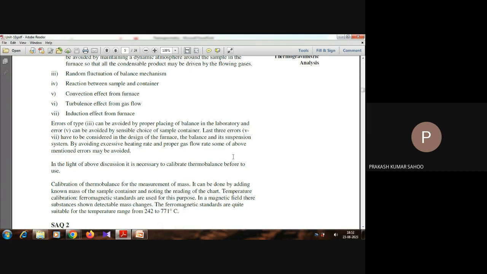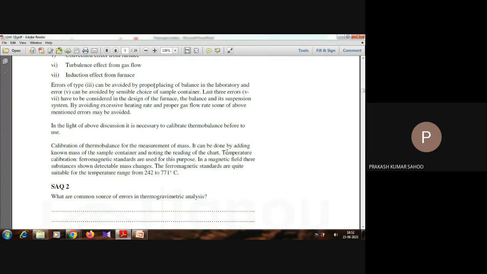By avoiding the excess heating rate and using proper gas flow, some of the mentioned errors may be avoided. So these are the two very common errors that occur in TGA: excess heating rate, that is, it should not be fast heating, it should be moderate or slow heating, and the purge gas or proper gas flow rate.